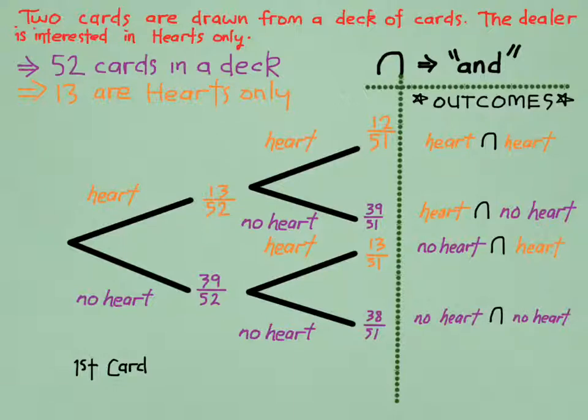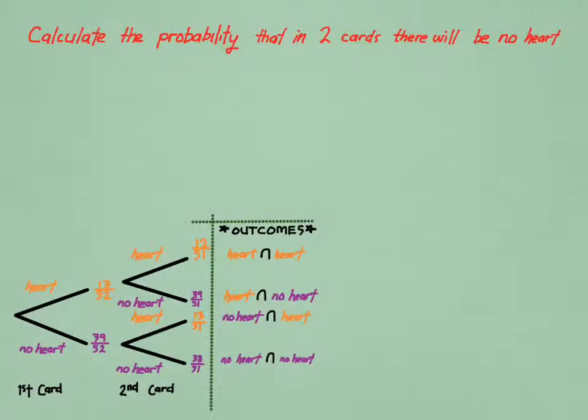Alright, so let's answer a couple of questions, calculating some probabilities. We're going to calculate the probability that in two cards, there will be no heart. So we're looking at a scenario where we draw two cards and we don't get a heart out of it.